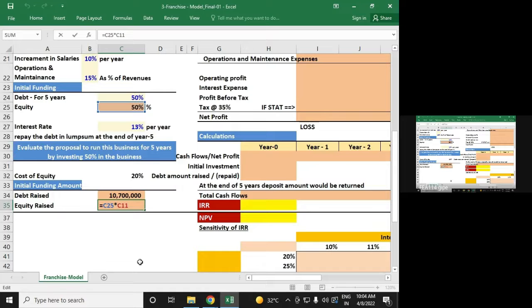So 1 crore 7 lakh of equity, is it worth investing this amount, given cost of capital is 20%? That is finally the problem statement.